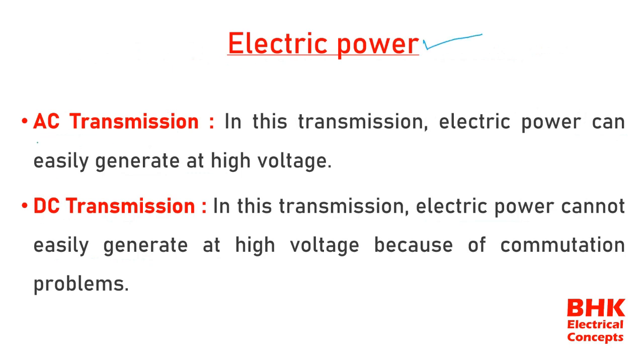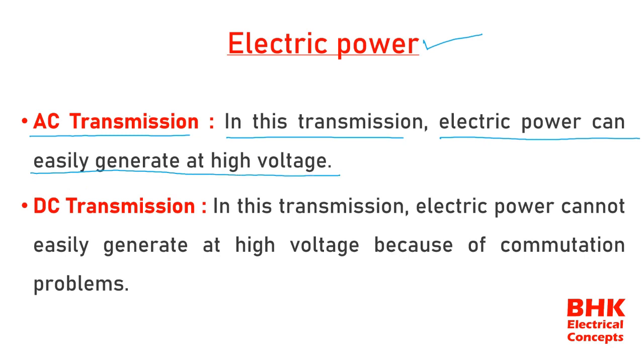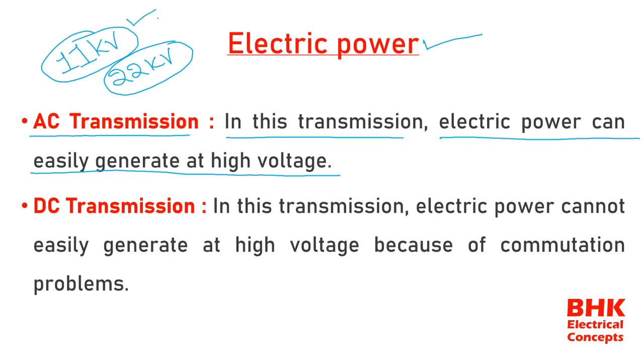Now coming to the third one, that is electric power. In the AC transmission system, electric power can easily be generated at high voltages. We know that the Indian standard generation voltage is mostly 11 kV, sometimes 22 kV. So the generation of high voltage in the AC transmission system is very simple.